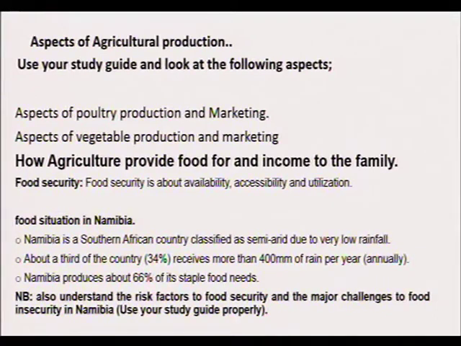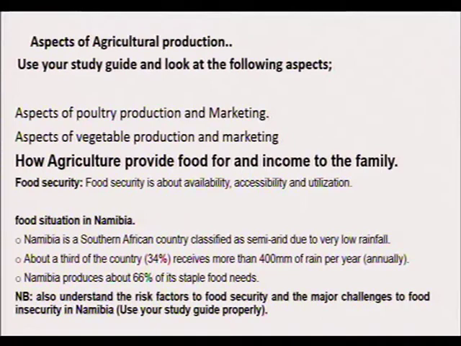So look also at the food situation in Namibia. As you all know, Namibia is a Southern African country classified as semi-arid due to very low rainfall. About a third of the country, like 34%, receives more than 400 millimeters of rain annually.